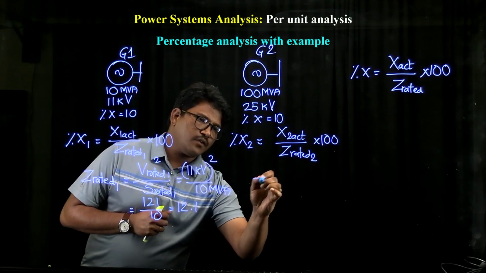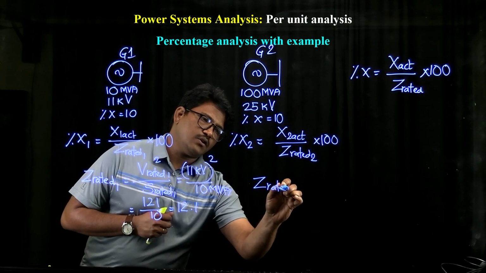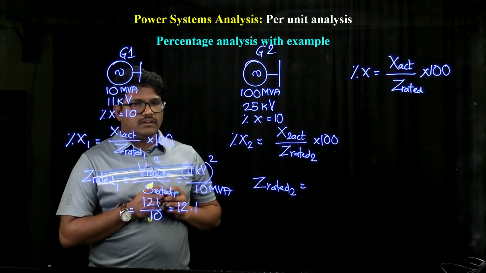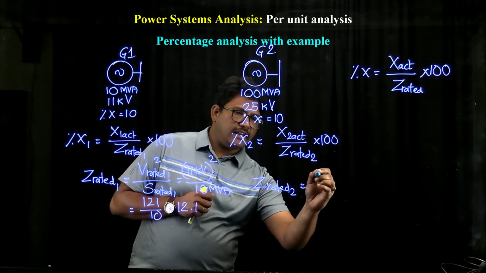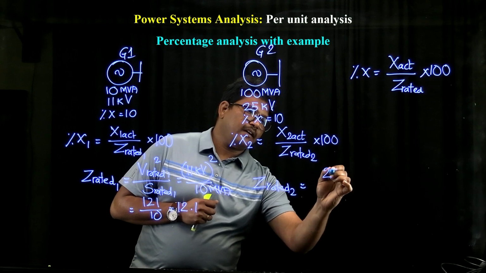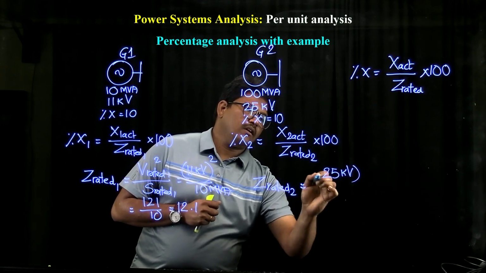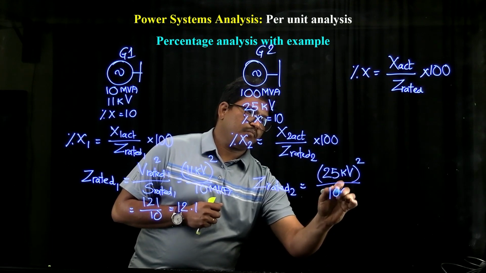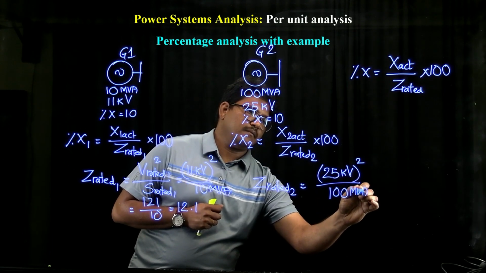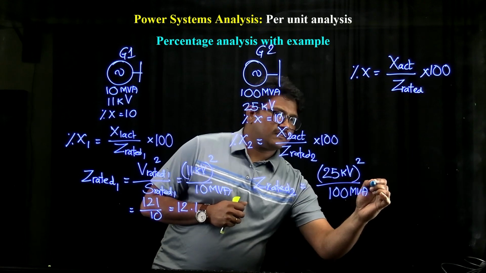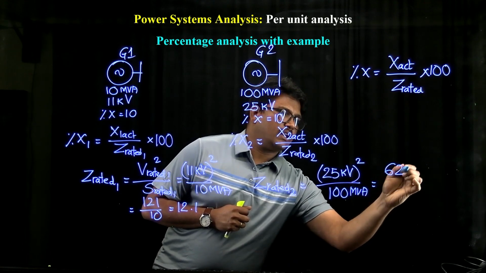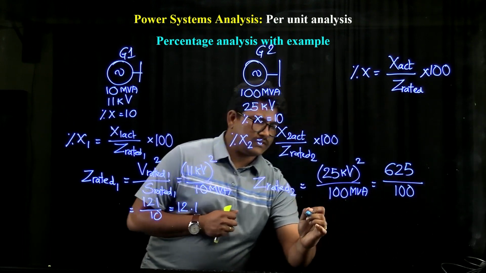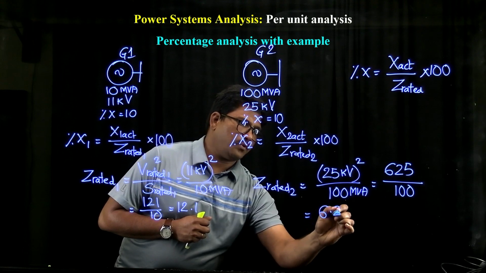And similarly, if you want to look at what is your Z rated 2, I'm not writing the expression, but you can say that this will be 25 kV square divided by 100 MVA. So this is 625 divided by 100, which is 6.25.